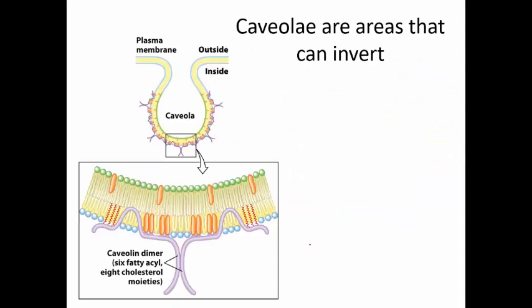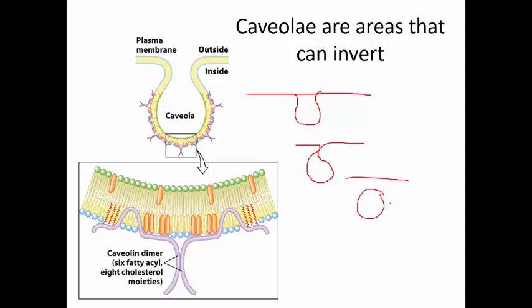Something that is sometimes considered a lipid raft and sometimes not are these things called caveoli. Caveoli are areas of the plasma membrane that start out like so, and they can basically invert in so much that eventually they pinch off, and then we have a vesicle on the inside of the cell.